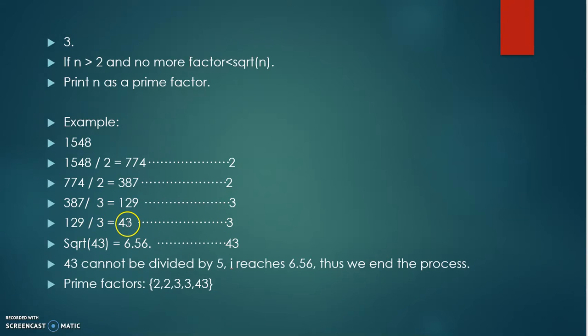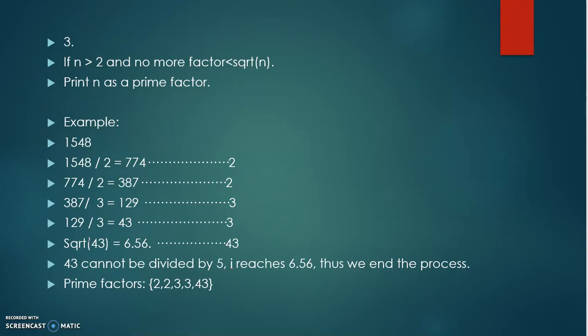And after that, we have 43, and 43 is not divisible by 3, and we keep dividing it by the next odd number, which is 5.